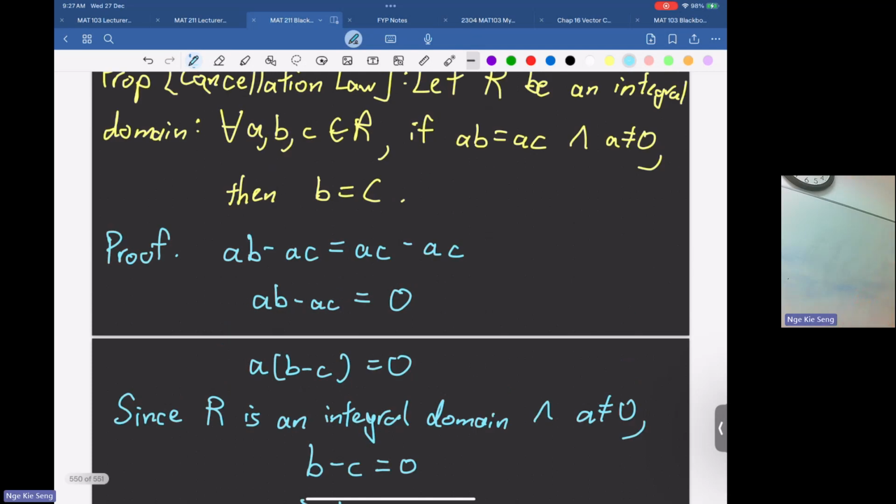Okay, so you see, we abstract the idea of cancelling a factor into an integral domain. In any integral domain I can do the same thing, cancelling the factor, because of the property of integral domain.